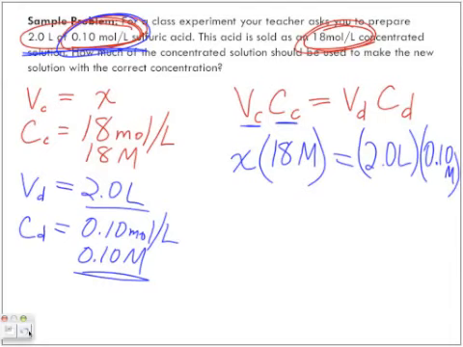So we want to isolate for X. To do that, we're going to divide this side by 18 moles per liter, which means what I do on this side, I must do to this side.